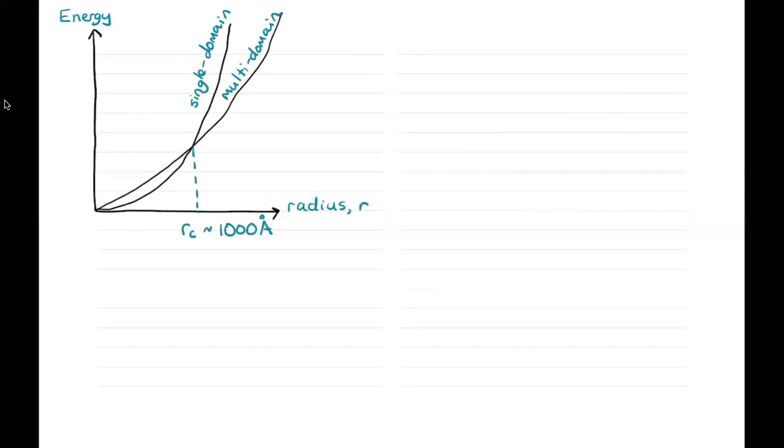Now let's have a look at the second point, which is the hysteresis in small single domain particles.